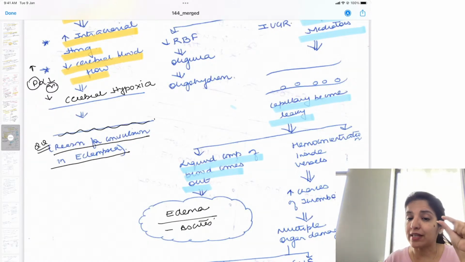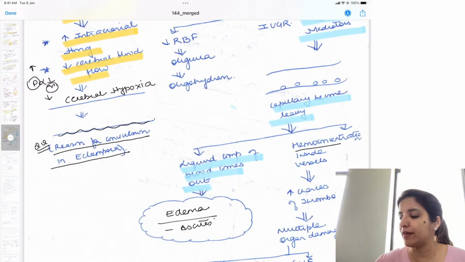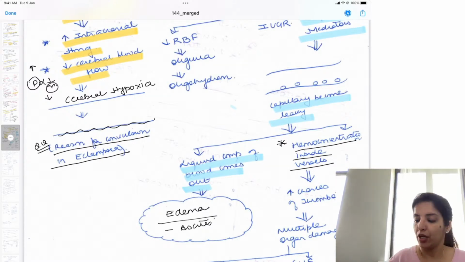Now inside the capillaries, inside the vessels, only blood cells are present. And because only blood cells are present, there will be hemoconcentration inside the vessels. Now this is very important.